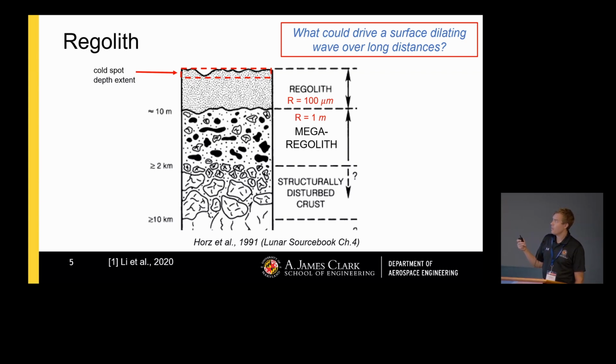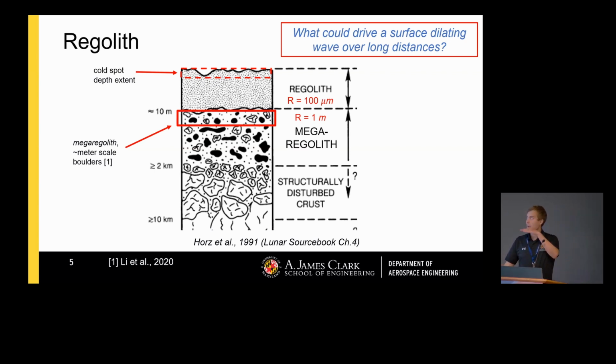And so what we're going to look at now is this megaregolith region, which is a larger range of larger size particles that starts abruptly below the regolith. And actually, in a 10-meter thick sheet just below the regolith grains, if you look with ground penetrating radar, you can see these meter scale boulders in a continuous sheet there.